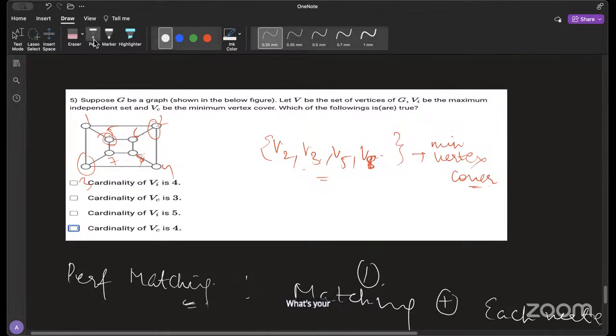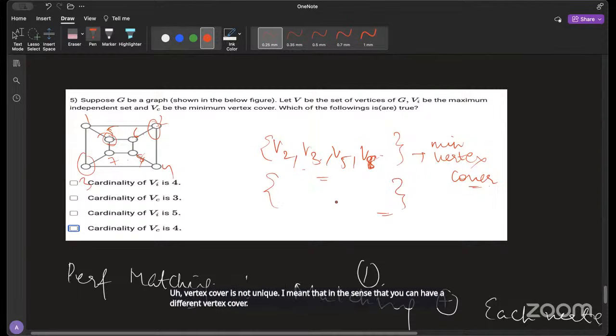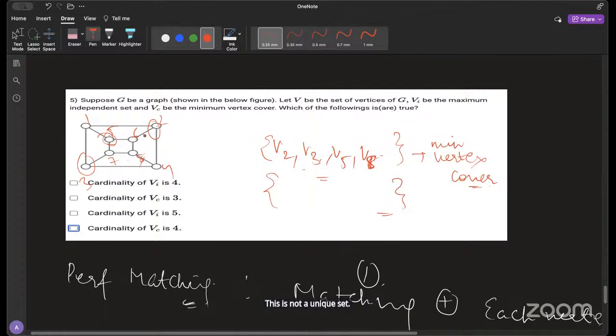What's your question? Ma'am, you said that it's not a unique thing, right? Vertex cover is not unique. I meant that in the sense that you can have a different vertex cover. This is not a unique set. A different vertex cover could be, you can take V1, V4, and then you can take V5, V8.